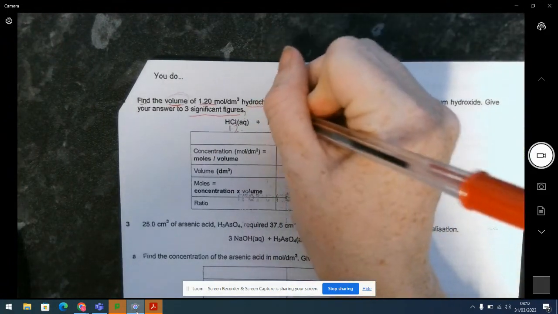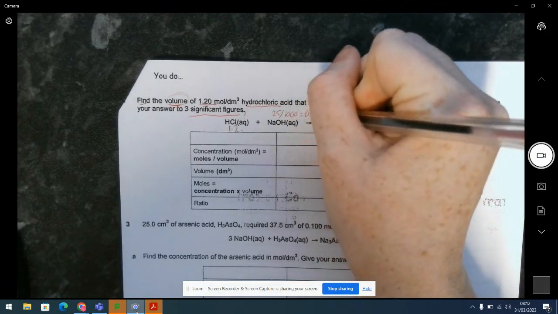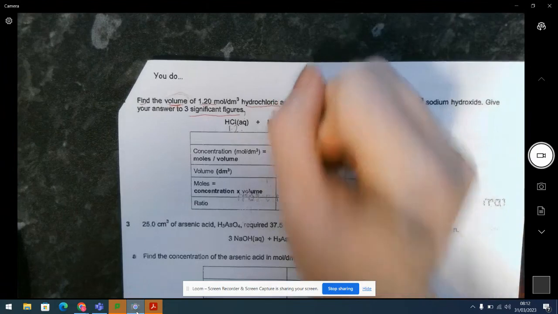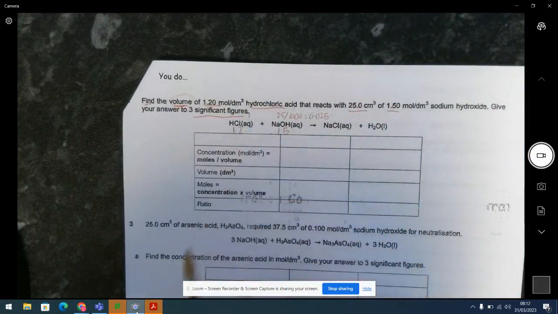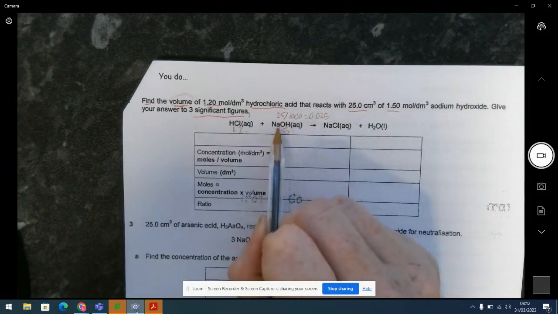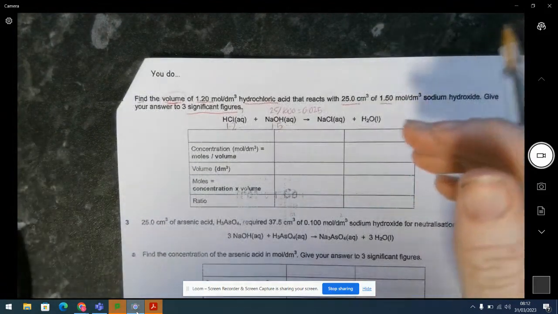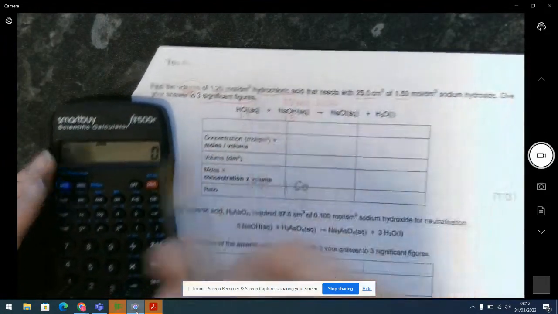I've got 25, but I've got to divide that by 1,000 to get it into decimeters cubed. So that's 0.025 of 1.5 sodium hydroxide solution. My ratio is 1 to 1, so whatever I work out here for my moles would be the same over here. I'm working out moles, which is concentration times by volume.